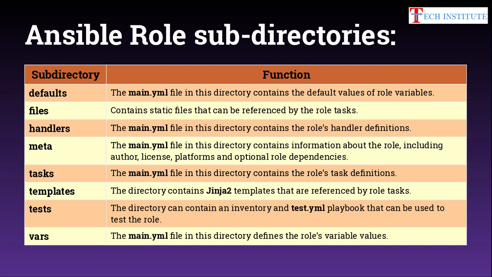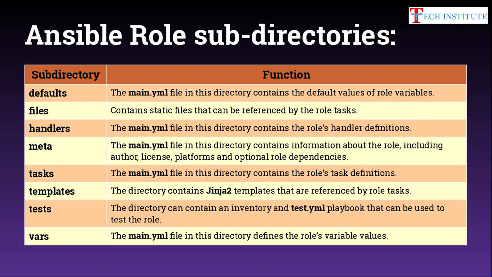And templates, from the name itself you can understand, here you should have your Jinja2 templates stored, and then you call them inside your role using some tasks. And the tests directory can contain an inventory and a test.yml playbook to test the role, to check whether it is working or not.